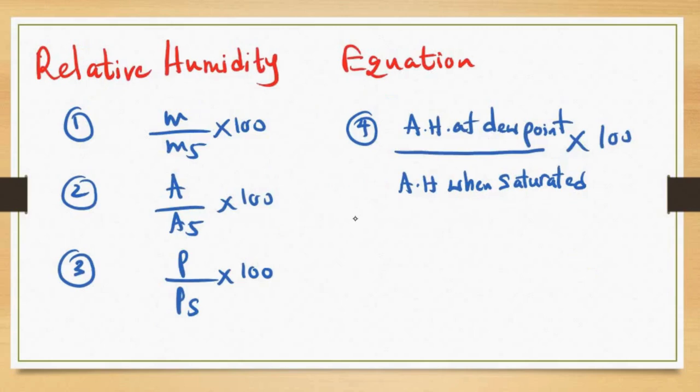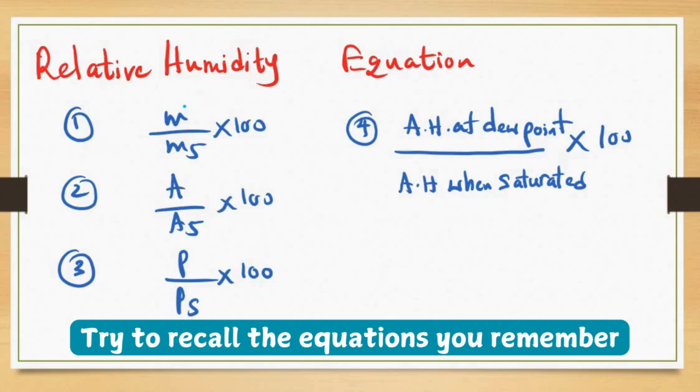For relative humidity, there are four types of equations. You may have written them in a different format, but this is the format that is easier to remember. First, how do you find the relative humidity? It is the current vapor mass divided by the saturated vapor mass, when the situation is saturated.